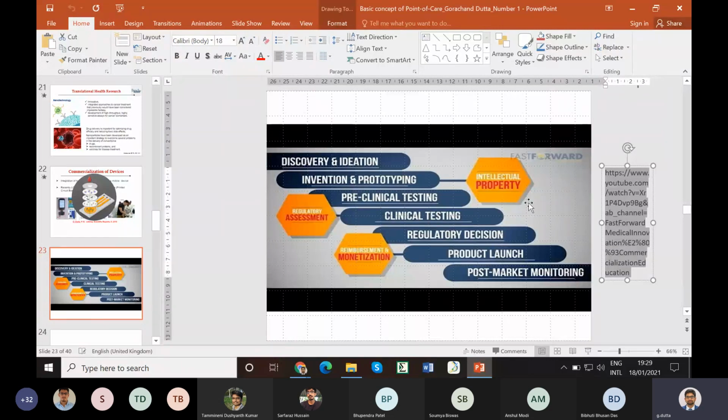You have to follow all the rules and regulations, you have to file a patent. So you should know these things: what is intellectual property, and how you can protect your idea for clinical applications. There are many steps, but I will give you a brief idea.